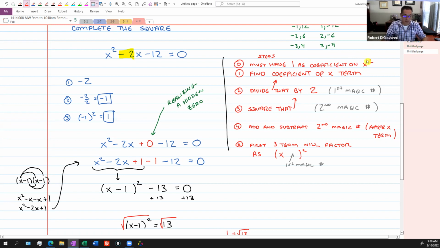I forgot to say that. See out here, we have a 1 in front of the x squared. You must have a 1 in order to proceed with this method. If you don't have a 1, you've got to do something else.